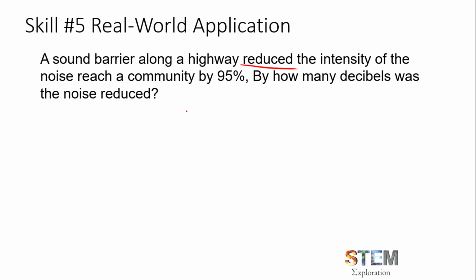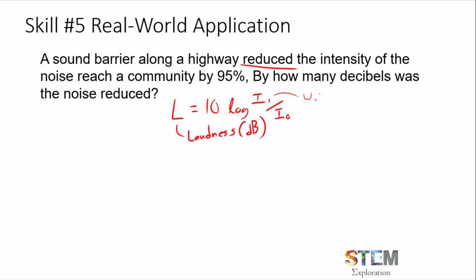Specifically, when we look at loudness, this is going to be in units of decibels, and it is always equal to 10 times the log base 10 of your intensity over intensity naught. This intensity is in units of watts per meter squared.